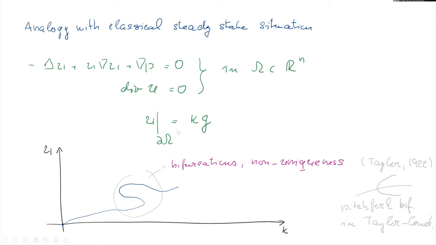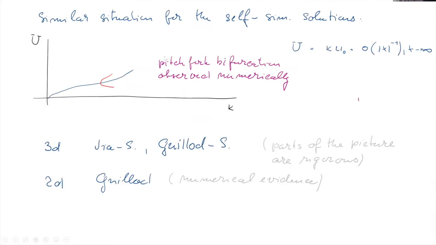It's difficult to do this rigorously, but it's conjectured that this bifurcation and non-uniqueness is kind of generic, and I think one sees it in numerical simulations. So the situation for the self-similar solution is kind of similar, because the elliptic problems also look quite similar.